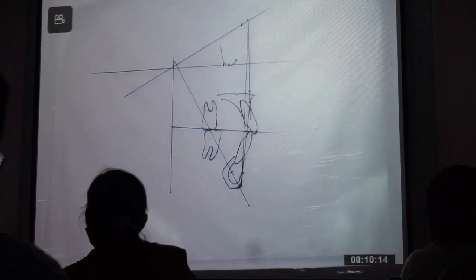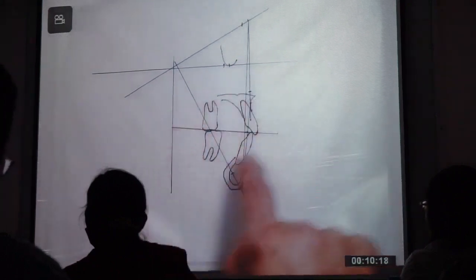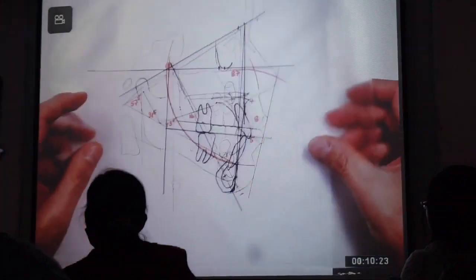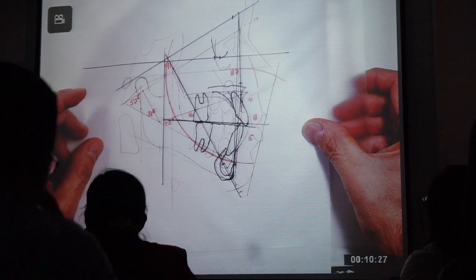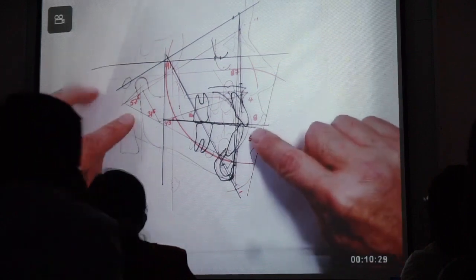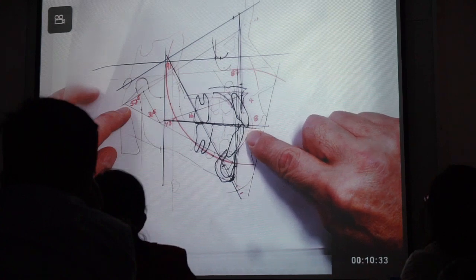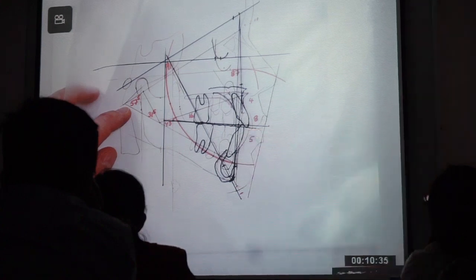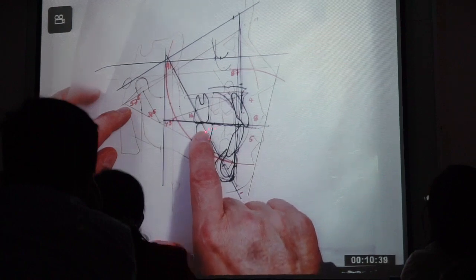I only want the natural growth to occur, and I want to change the teeth. So I can overlap here in the occlusal plane, and I see what I am going to do with the incisor. This is the difference here, and I can see how much anchorage I can lose.